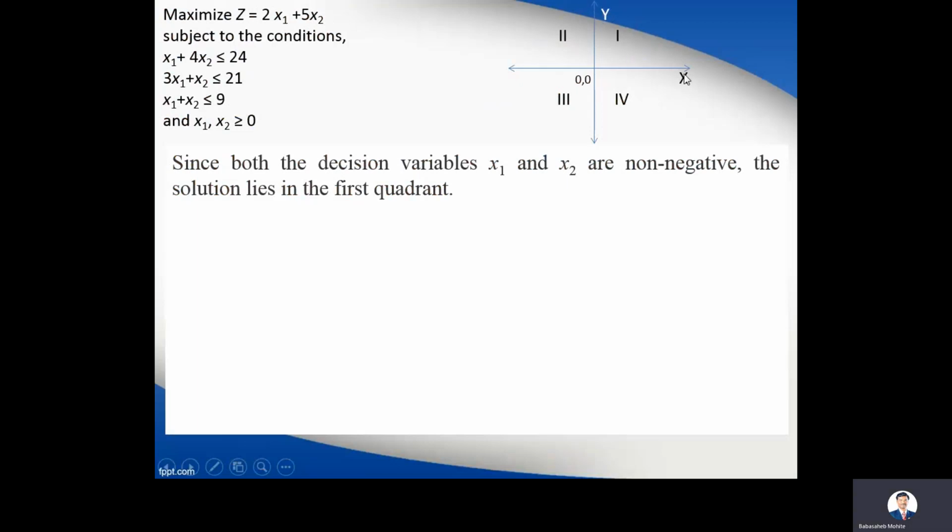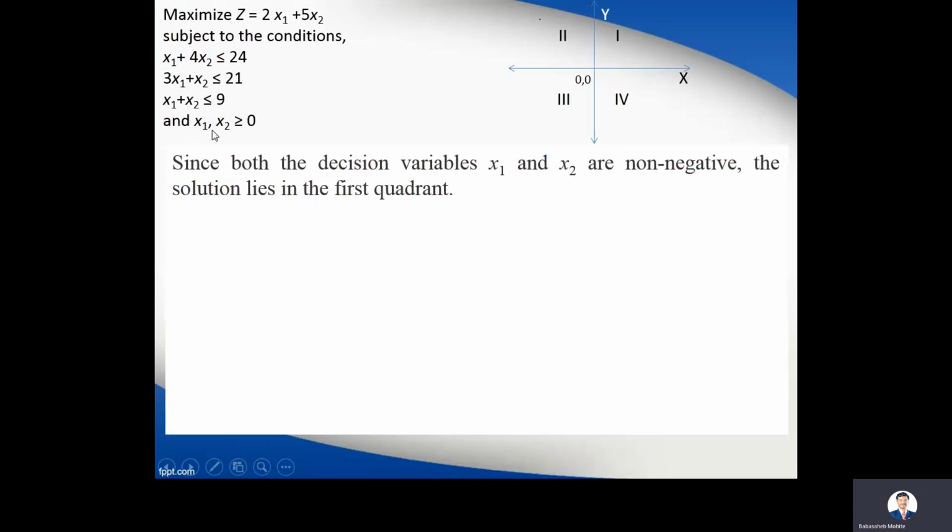If both variable values are positive, then the feasible region and optimal solution lie in the first quadrant. If the first variable value is negative and the second variable value is positive, then your graph may come in the second quadrant. If your first variable value is negative and the second variable value is also negative, then your graph may lie in the third quadrant. And if your first variable value is positive and the second variable value is negative, then your graph may lie in the fourth quadrant.